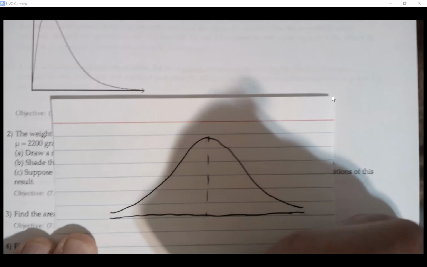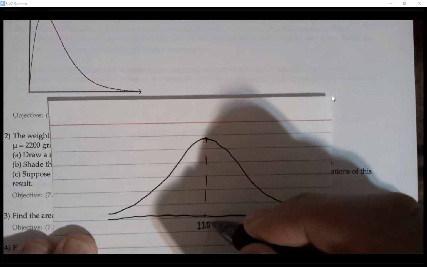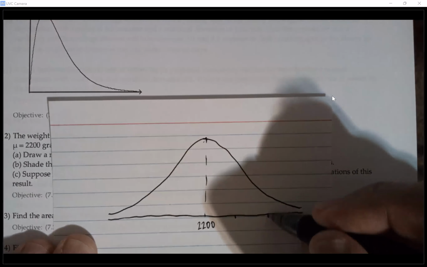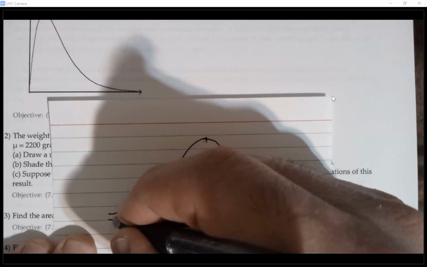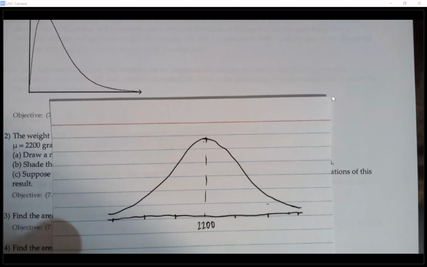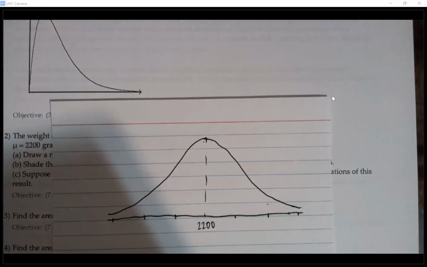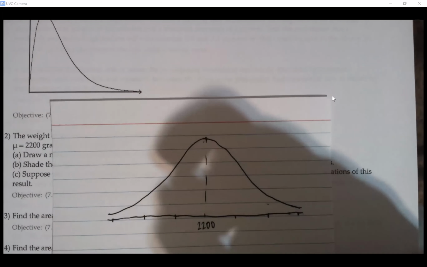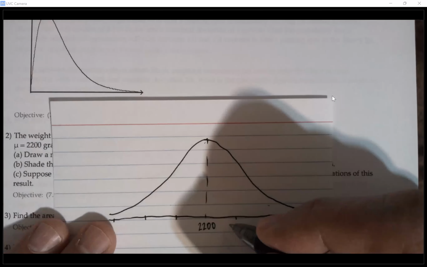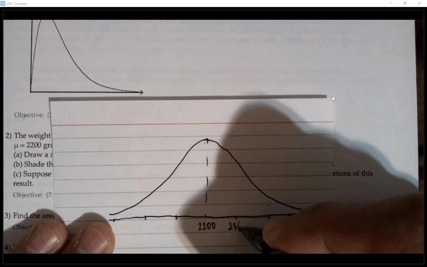You put the mean in the center, which is 2,200, and then you scale it just like that, so that you add 3 standard deviations, and then you subtract 3 standard deviations. The standard deviation is 365. So if you add 365, that will be 2,565.